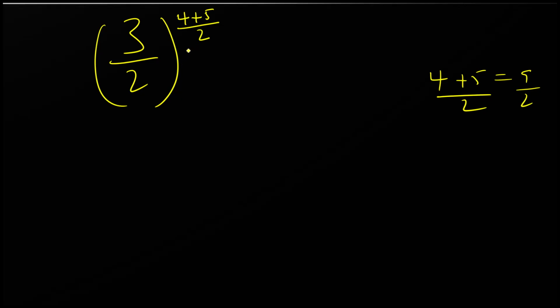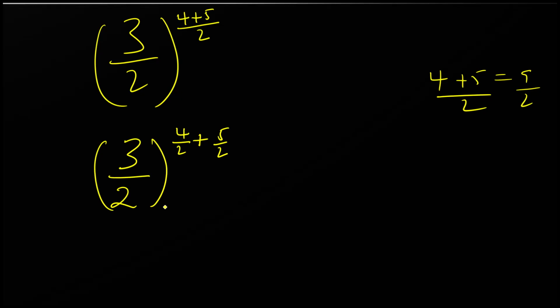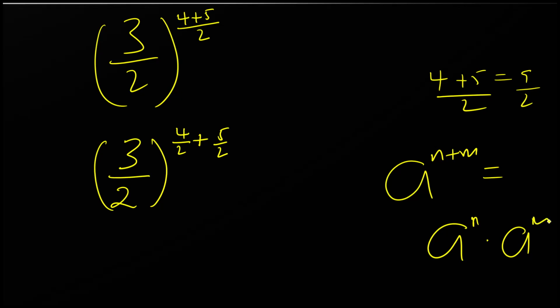Okay. Now, we can rewrite the same thing as 4/2 plus 5/2. Now when you have a to the power n plus m, it is the same as a to the power n times a to the power m.